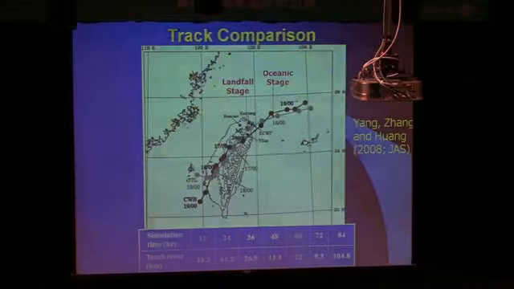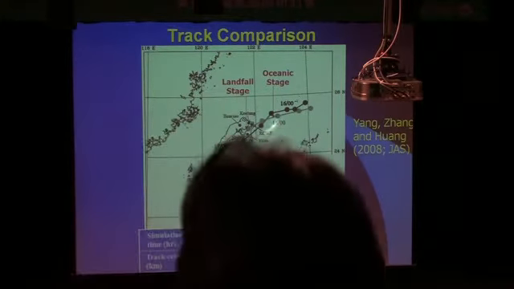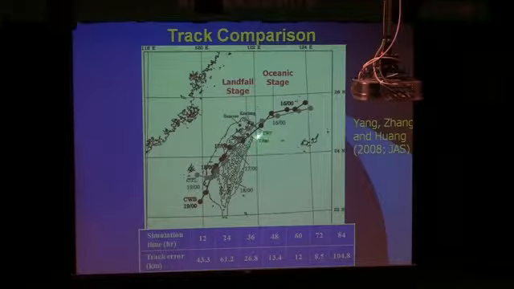later. So this is our simulated track for the Typhoon Nari case. The solid line is the best track analysis from the Central Weather Bureau, and the gray line is our simulated track. Even though the landfall point is slightly to the north, as long as Nari is over the island of Taiwan, the simulated track follows very closely with the observed track.